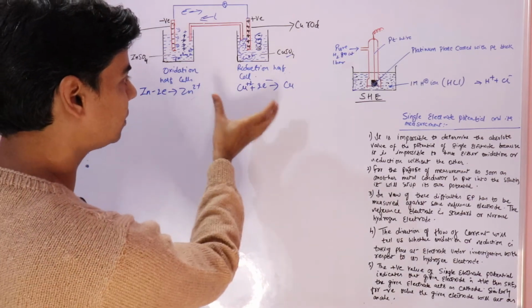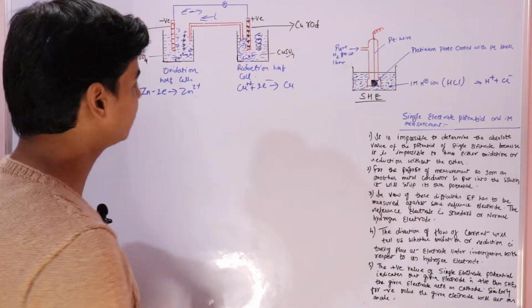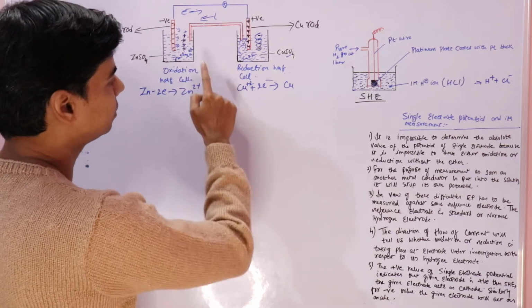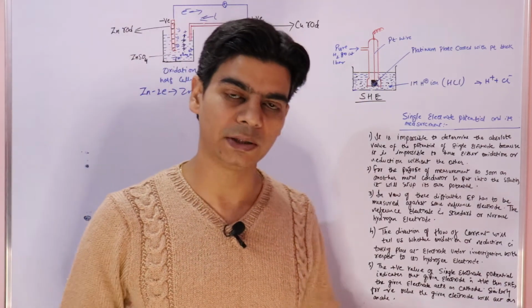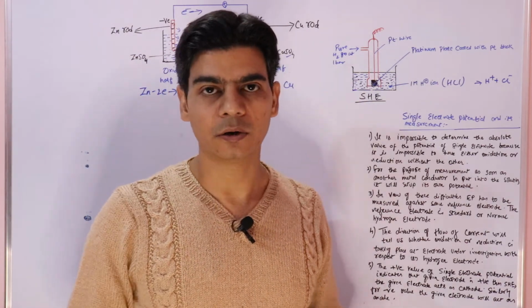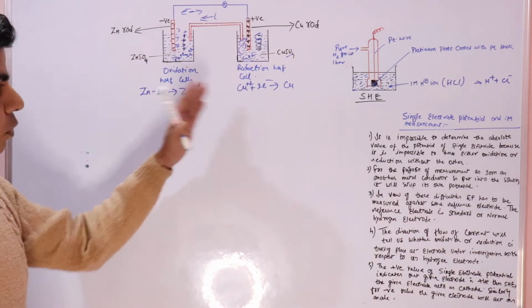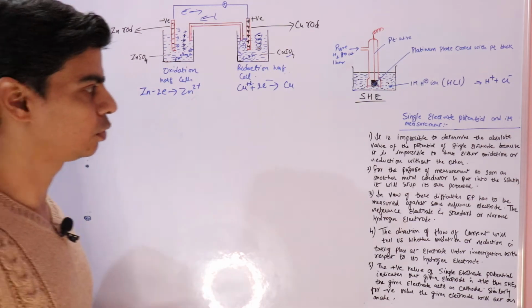The reduction potential of the copper electrode was due to the gain of electrons, and these electrons came from the zinc electrode. So without zinc, the reduction would not take place in this half cell. So you would not be able to find the electrode potential of these electrodes without the other. These electrodes have to be there together to find their electrode potential.